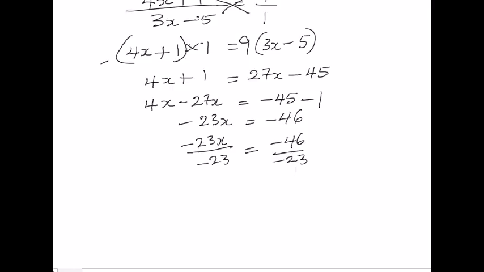Now minus 23, we cancel minus 23. Minus 23 here, minus 23 here, remain x. Everything equals, 23 here, minus 23 here, 1. Minus 23 in 46 will give us 2. So a minus cancels minus. So we have 2. x equals 2. And that's the answer.